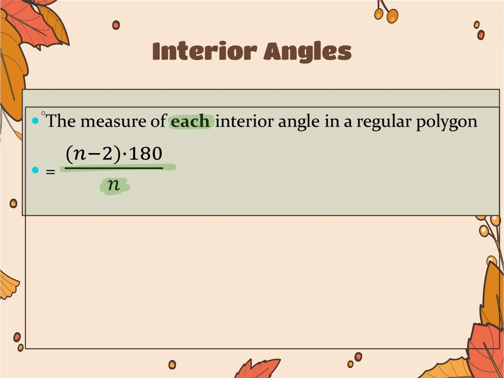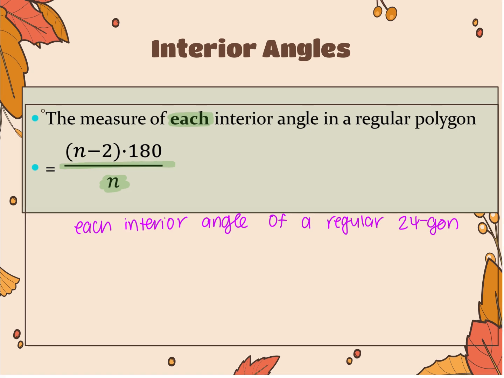Okay, again, it's each. We're going to find the measure of each interior angle of a regular 24-gon, since we kind of used that earlier.